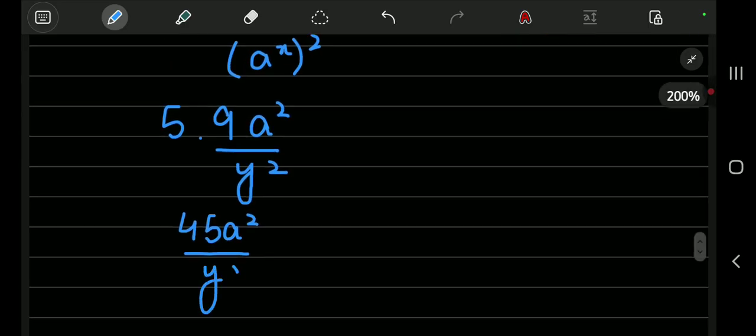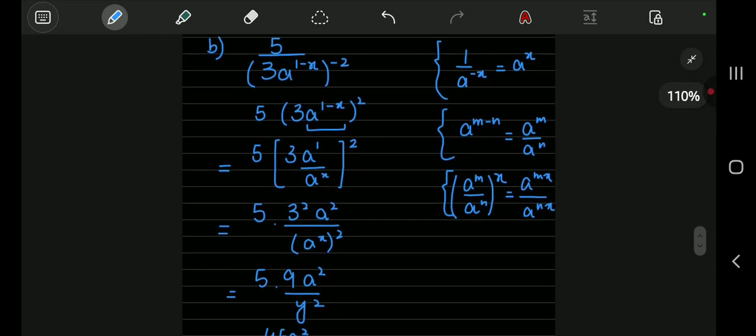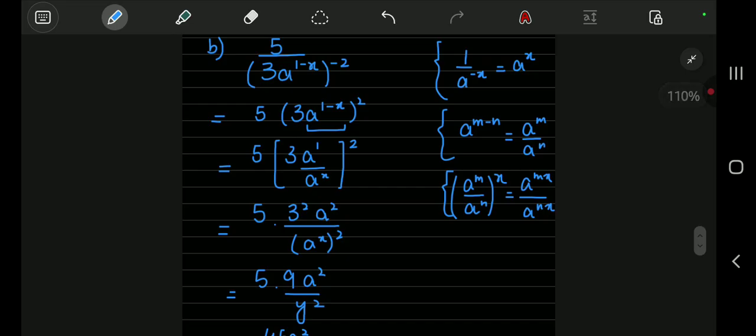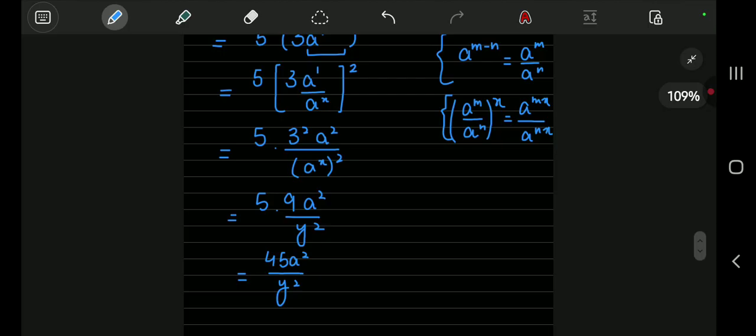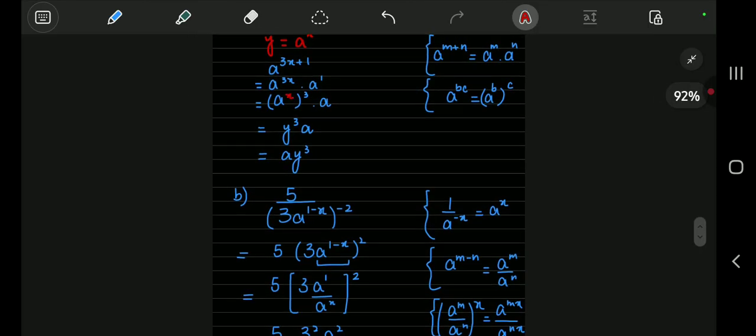This is what we need in terms of a and y. Don't make it complicated, just simplify it. First convert everything to positive power, then apply the laws of indices, distribute the power, multiply and simplify, and put in a to the power x equals y.